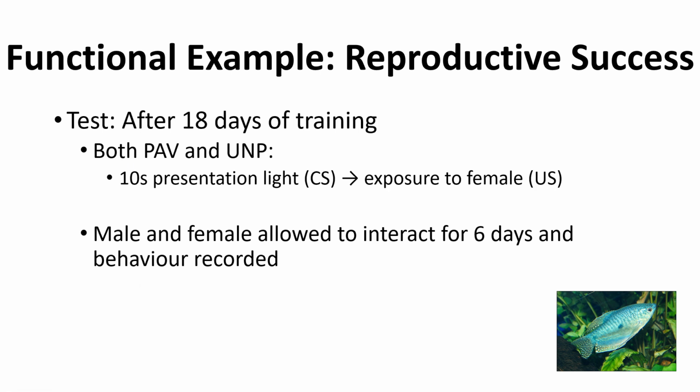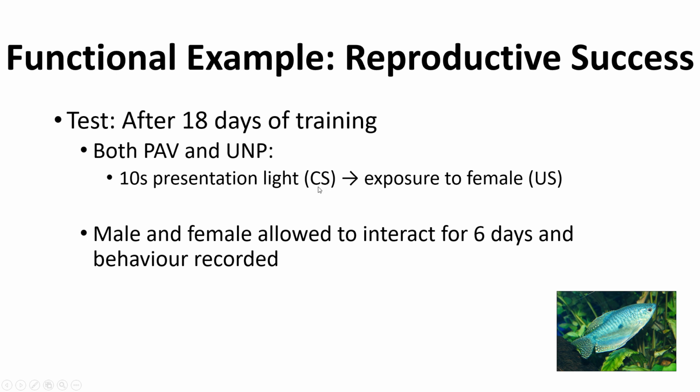So after that training had occurred, both groups were then given a test where they would have this 10-second presentation of our light, which by this point, because the training had happened, because the conditioning had happened, it should be a conditioned stimulus. And after that, they have exposure to the female. I guess it should be a conditioned stimulus specifically for our Pavlovian conditioned group.